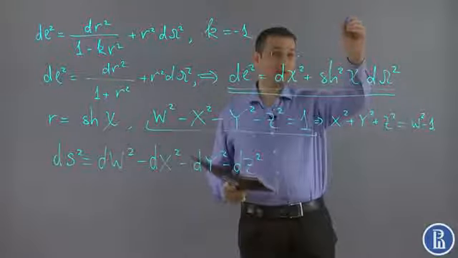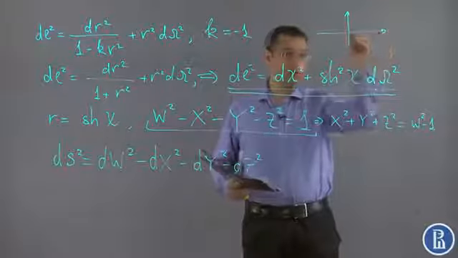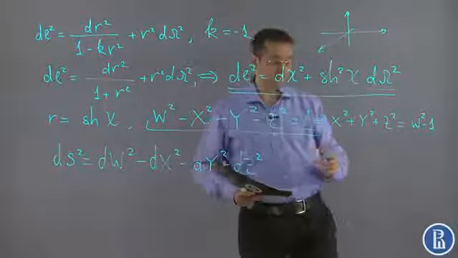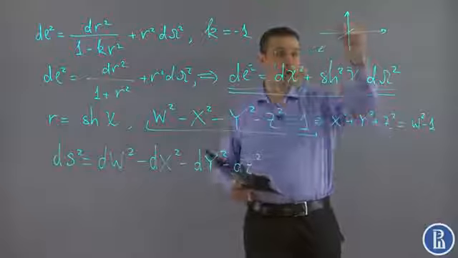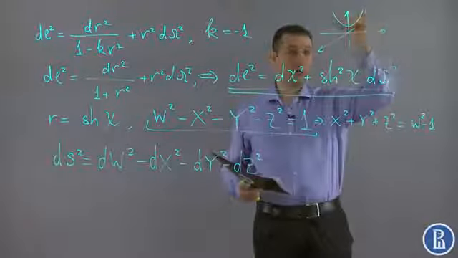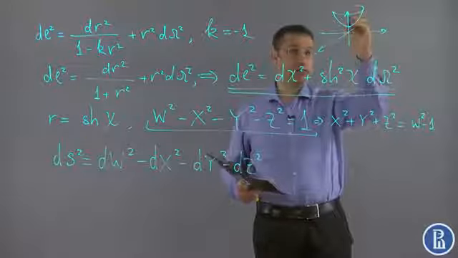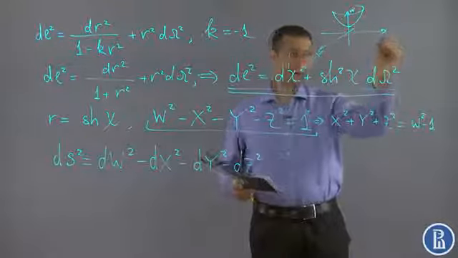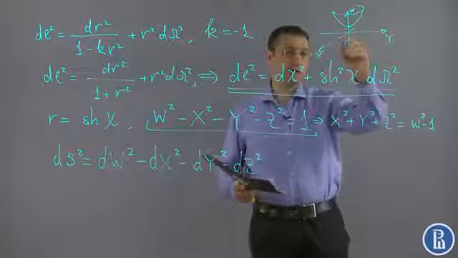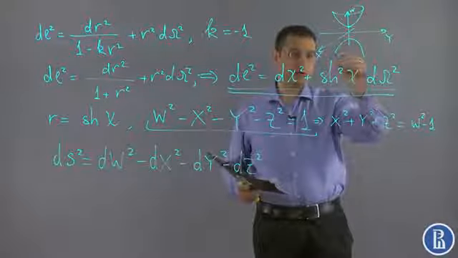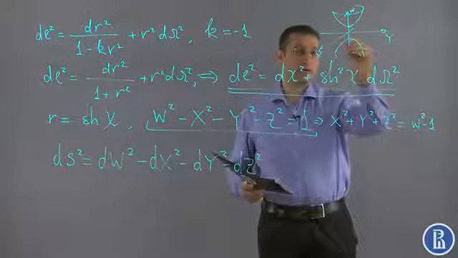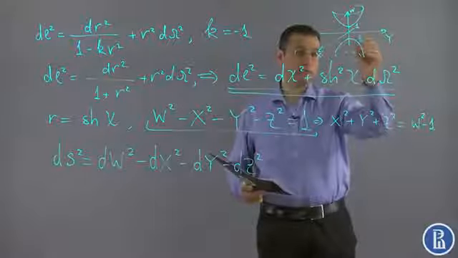So one can picture the space as follows. It's a two-sheeted hyperboloid which has an upper sheet starting here, this is w, and this is x, y, z, etc. And there is another sheet of this hyperboloid which starts with, this is 1, this is minus 1.